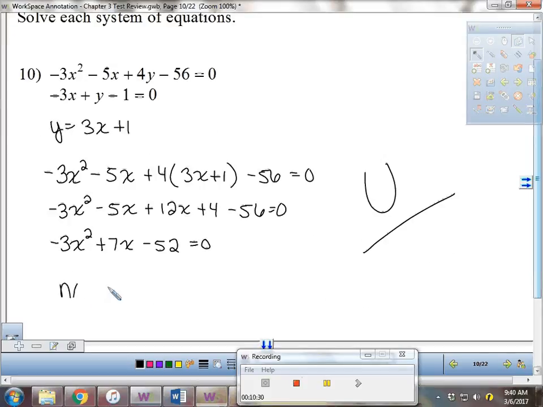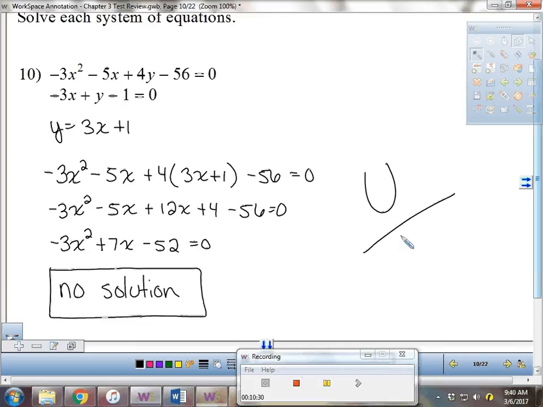So this would be no solution. So if you come to a dead end where you can't figure out what you're supposed to be doing, or even what you did wrong, like at this point you might be thinking you did something wrong, go and graph both of them, and that's going to make you realize that there was nothing else you could do. All right, so this is the end of video number 2.